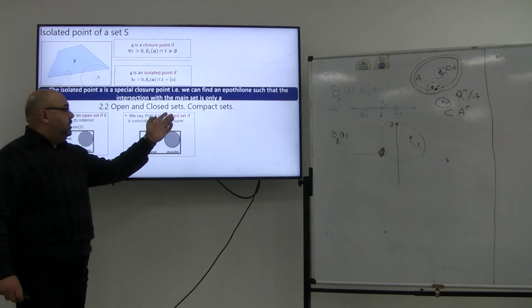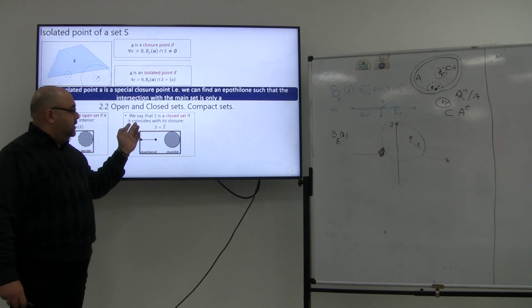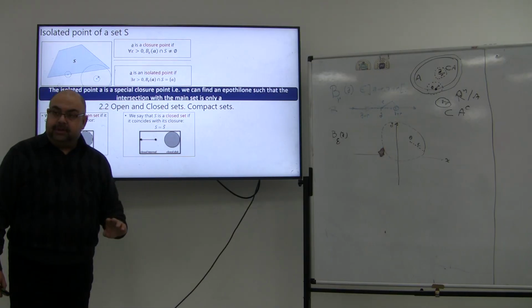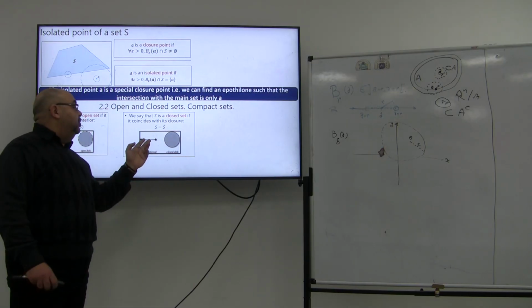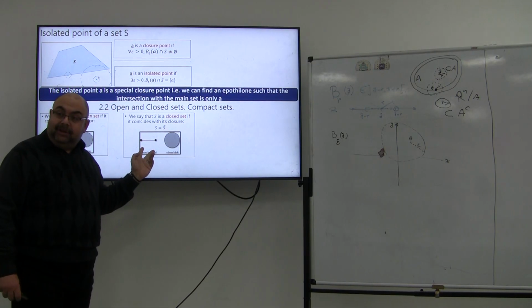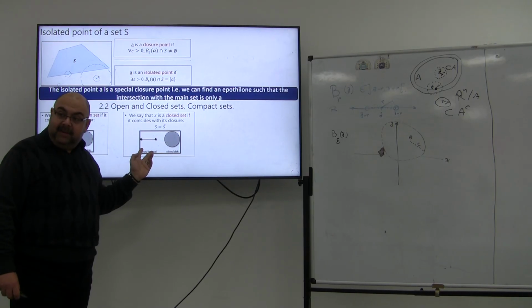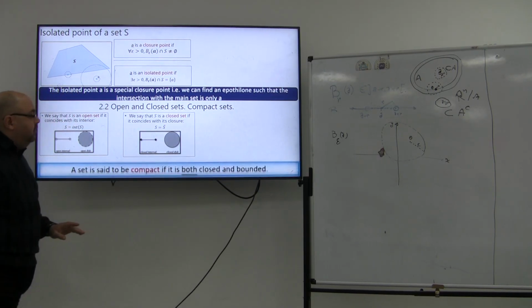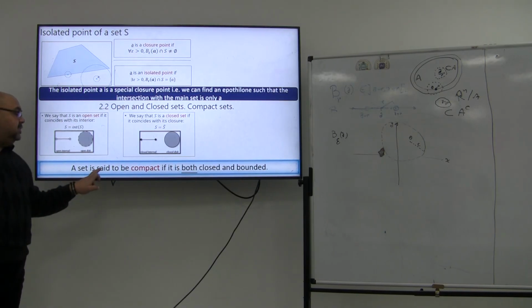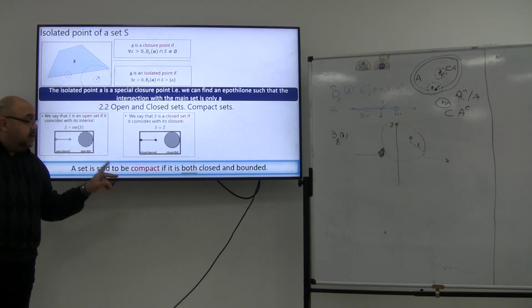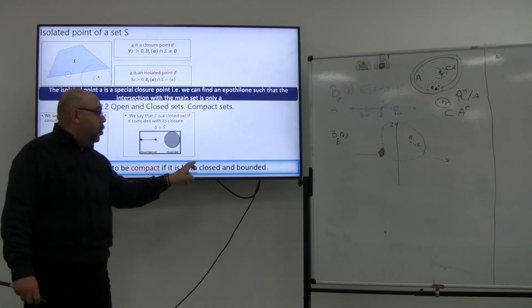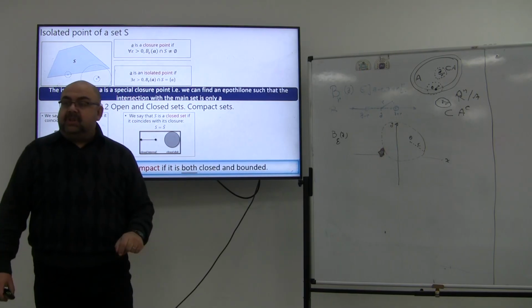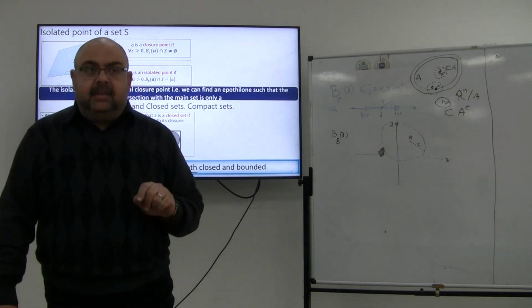In the case of a closed set, it coincides with its closure, which means the interior and the boundary. Okay, that's the case of a closed set. A set is said to be compact if it is both closed and bounded. So the set should be closed and bounded.